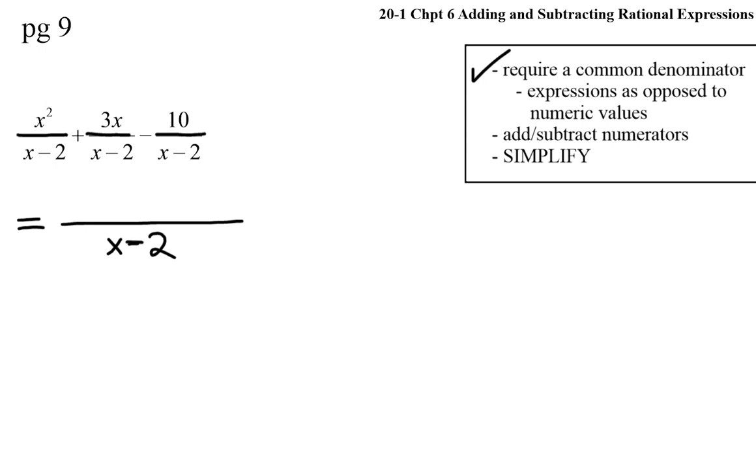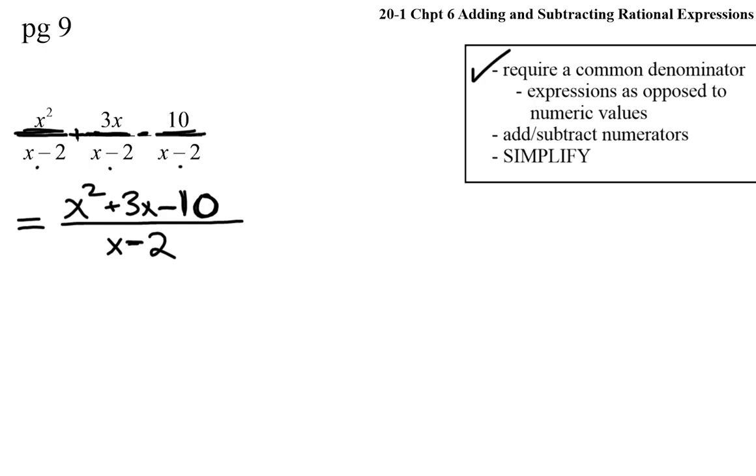Because our denominator is already there, we don't have to do anything to the numerators. So what are we left with? We're left with the x squared plus 3x subtract 10. I don't need brackets in this case because I'm just subtracting a single monomial, one term. It doesn't affect anything. x squared plus 3x minus 10 over x minus 2.